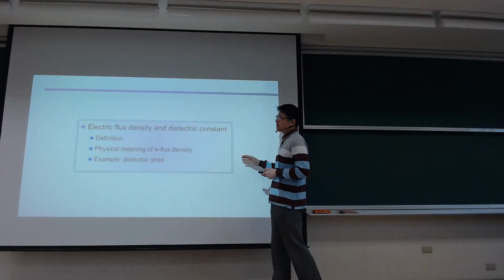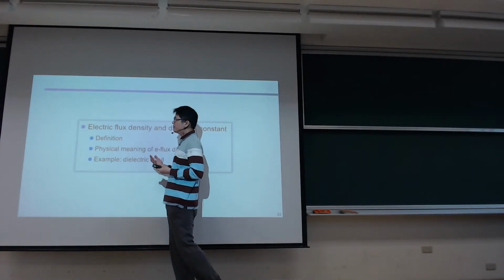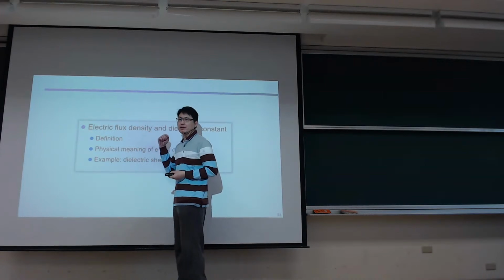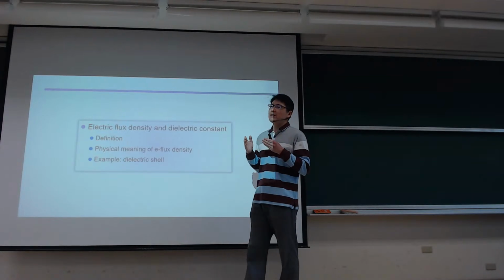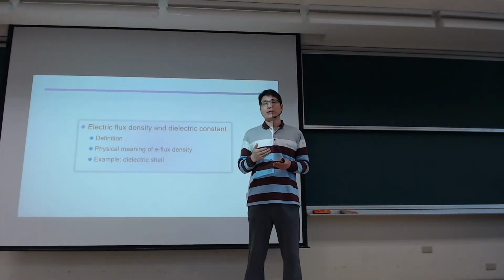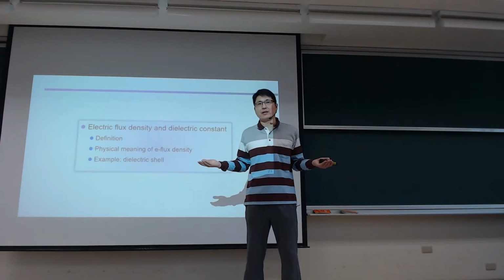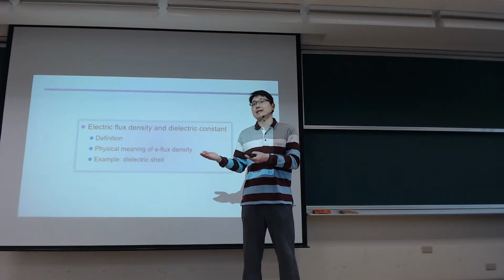This is the point why we want to define a new vector field quantity, flux density, capital D. And it only makes sense to talk about D whenever you have materials. For vacuum, you don't really care. You only care about E, the electric field intensity.